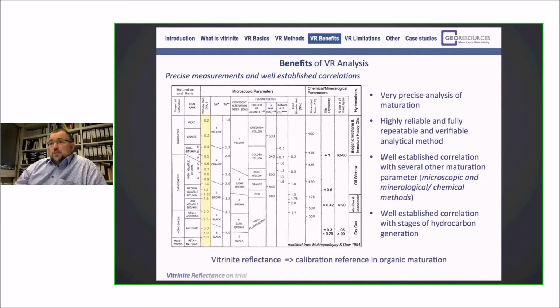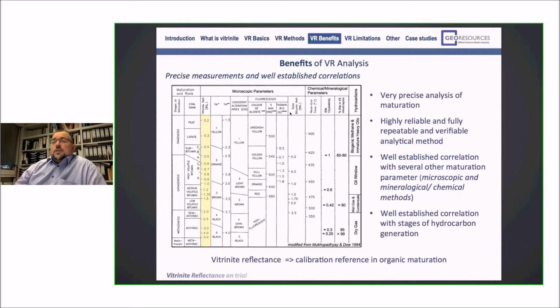Another big advantage with vitrinite reflectance is that it has a lot of well-established correlations with several other maturation parameters. As we see in this figure here, there are certain microscopic parameters and also chemical and mineralogical parameters which are correlated to vitrinite reflectance. TAI, thermal alteration index, which is an index of palynomorph colors. Conodont alteration index, which is focused on conodont colors.